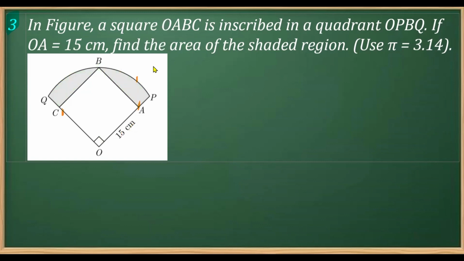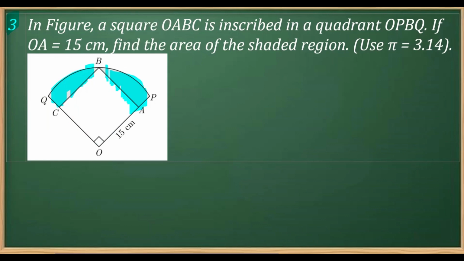Let's say first I take the area of this quadrant. This is the area of the quadrant, and from this area I'm going to remove the area of this square, so what you get is the area of this shaded region. This is the idea here.